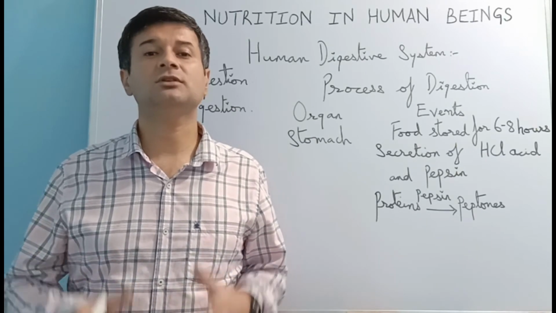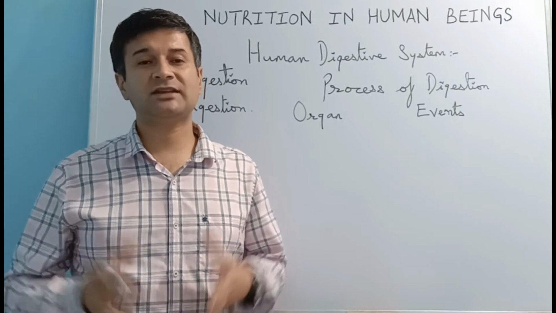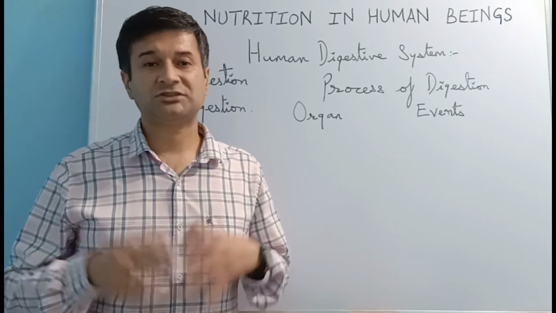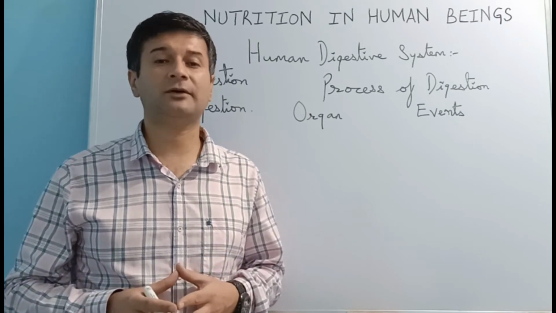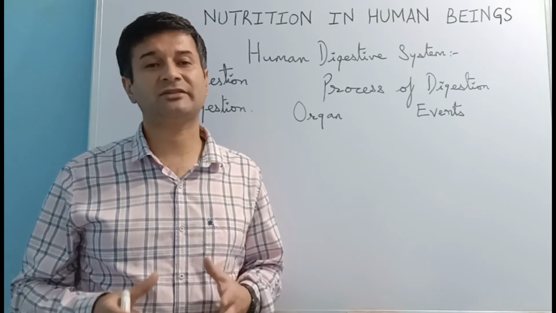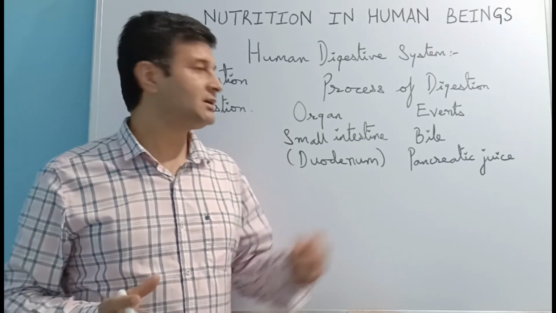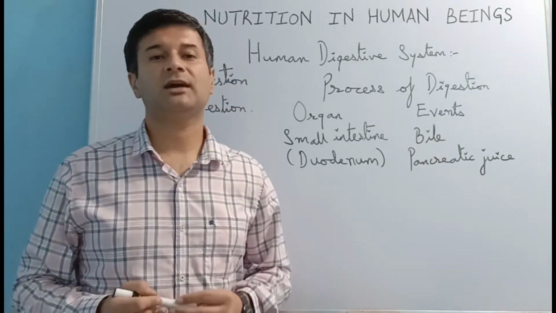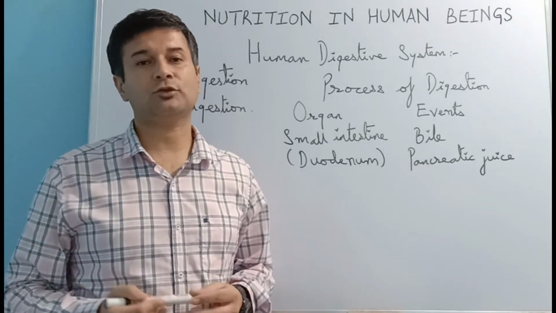The duodenum of the small intestine receives bile secreted by the liver, which is stored in the gallbladder, with the help of the bile duct, and pancreatic juice from the pancreas. The food from the stomach is acidic and the bile makes it alkaline so that the pancreatic juice can act on it.